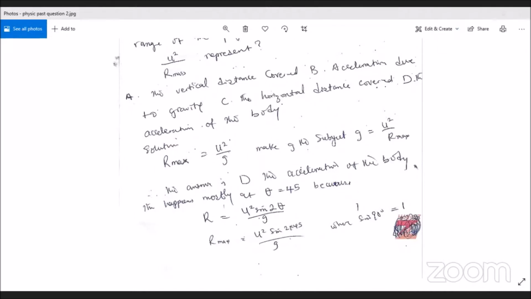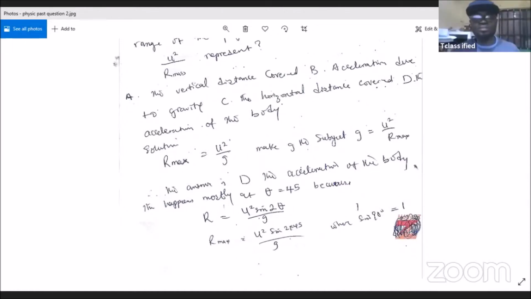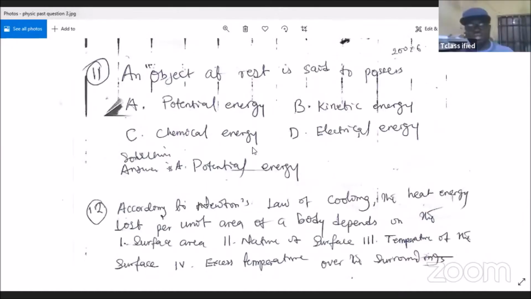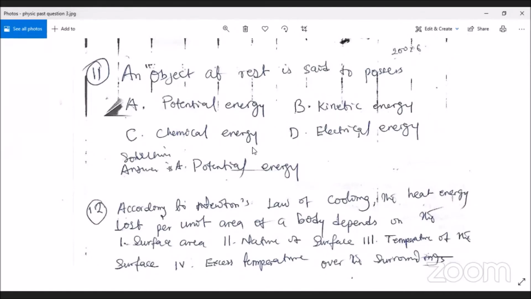Are we together? I'm going to share my other screen so that you see the next one. Okay. Are you seeing number 11? Can you see number 11?